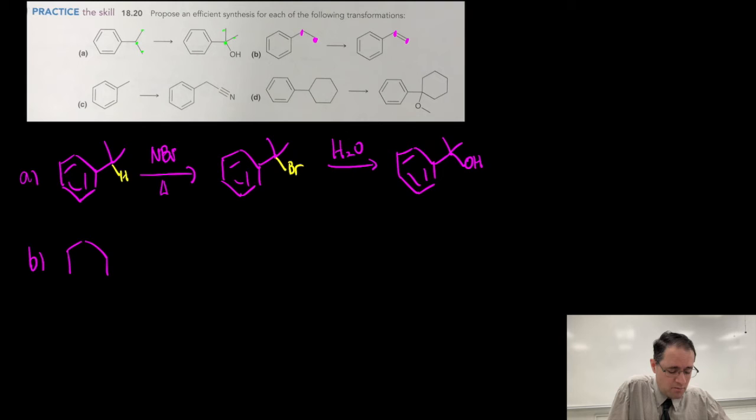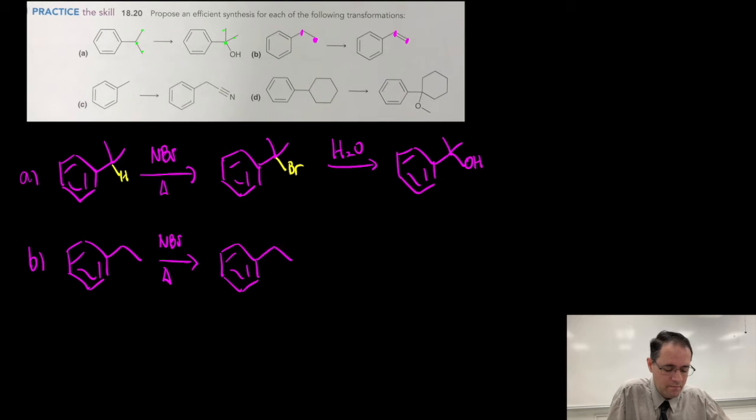So what we probably want to do is create a handle out there on our benzylic carbon. So we'll do NBS and heat, okay? And this will transform the benzylic hydrogen to the benzylic halogen, right, the bromide.